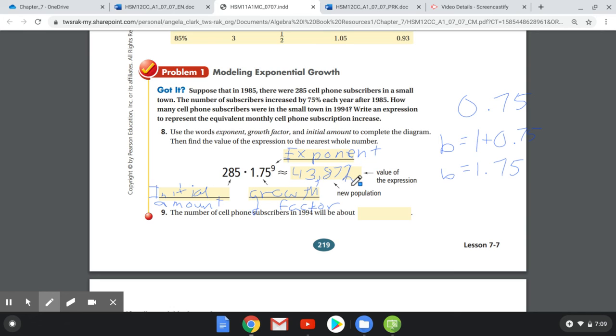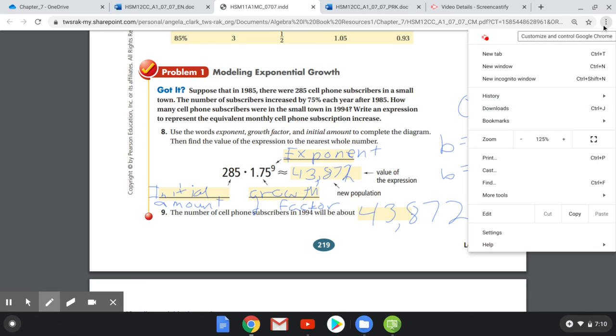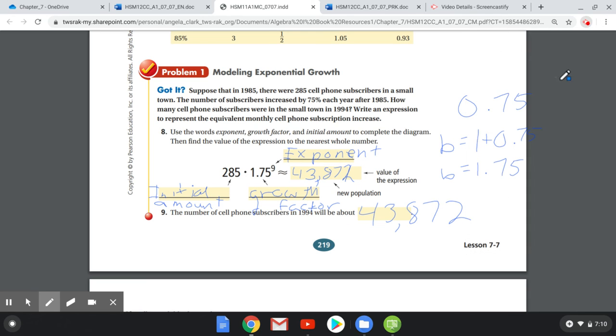So that's how that works. The number of cell phone subscribers in 1994 is that same number. All right, so hopefully that helps, and we'll have another example in the next video.